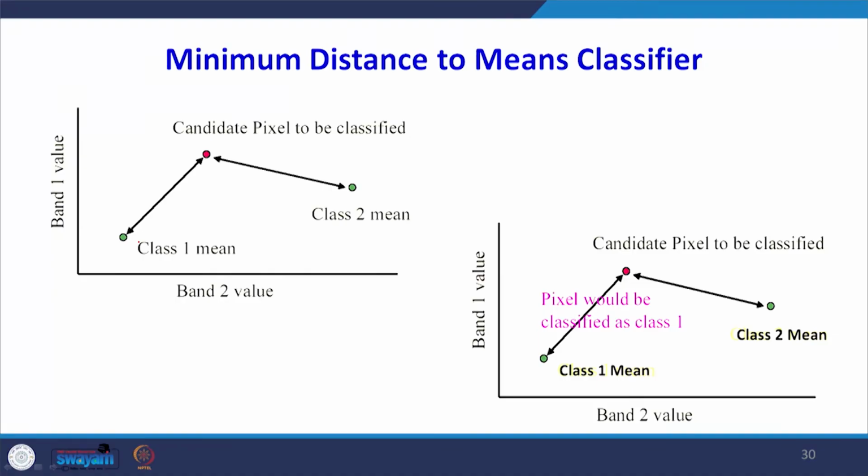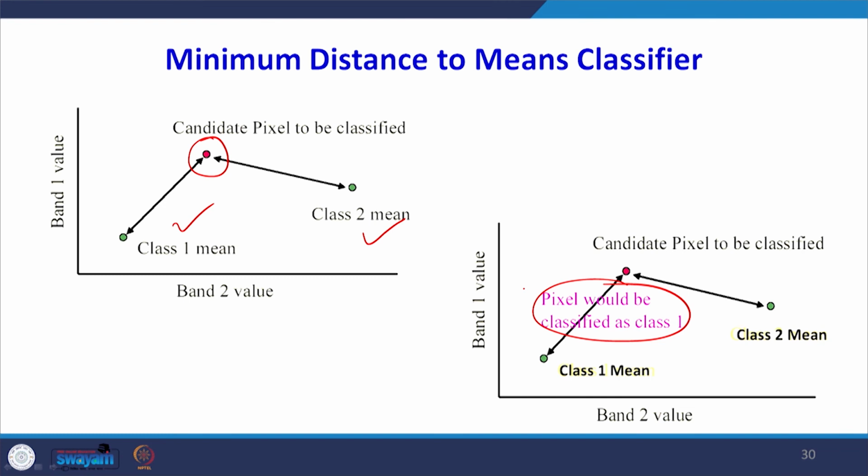So you can see here there is the class 1 mean, the class 2 mean, and this is the pixel which is to be identified. Now this pixel will find out where the Euclidean distance is minimum. It finds that the minimum distance is toward class 1, so this pixel will be allocated to class 1.